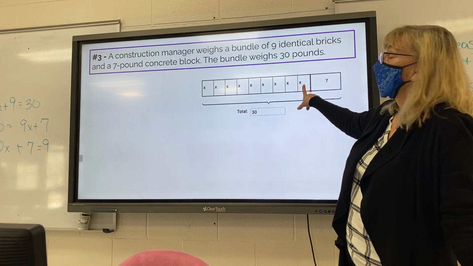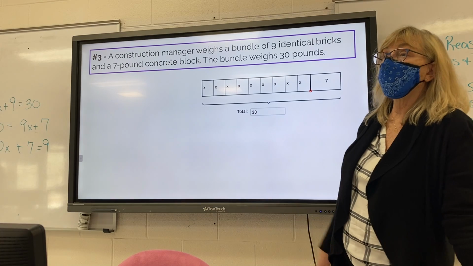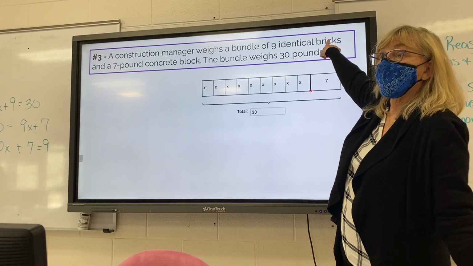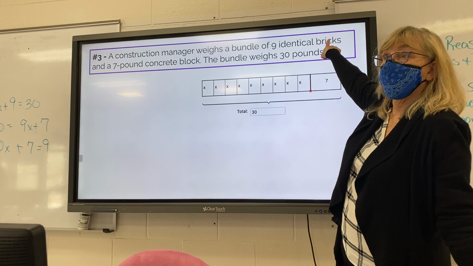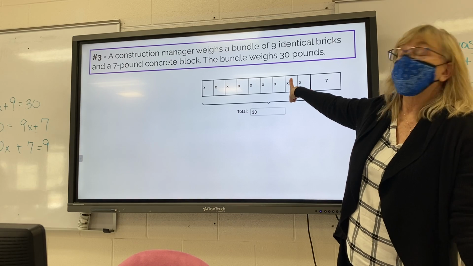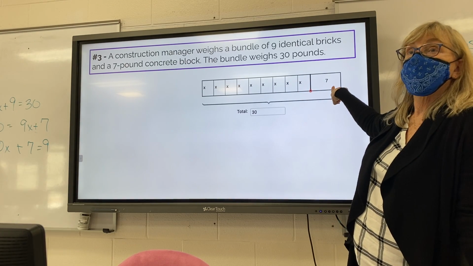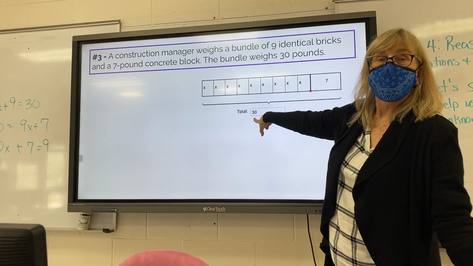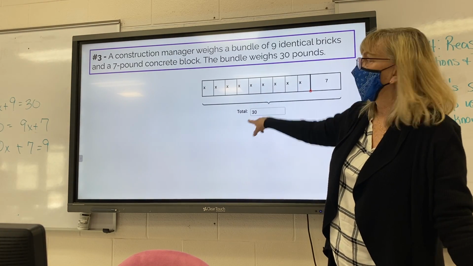What is X standing for? The 9 bricks. Do we know how much they weigh? So is X the weight of each brick? Yeah. Okay, what is the 7? The 7-pound concrete block. And this 30 is 30 what? Pounds. Okay, that's total.